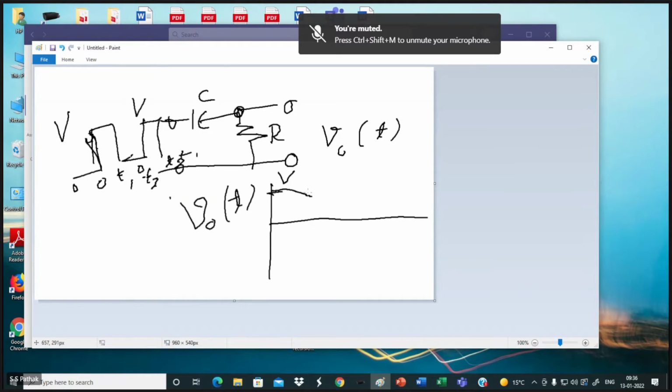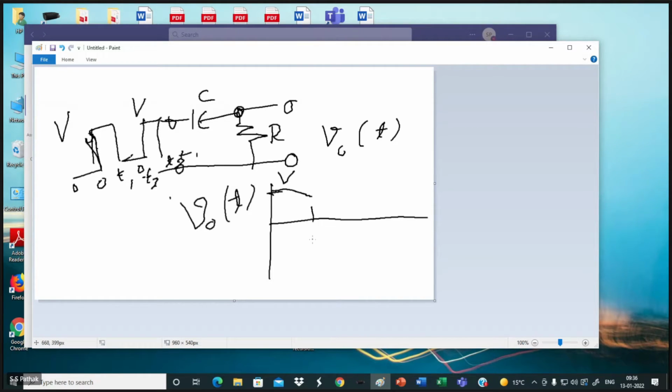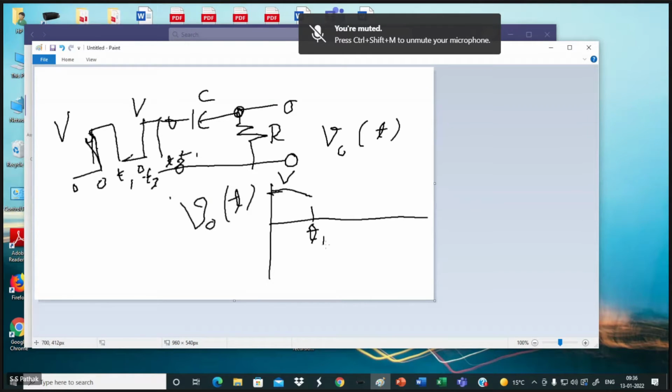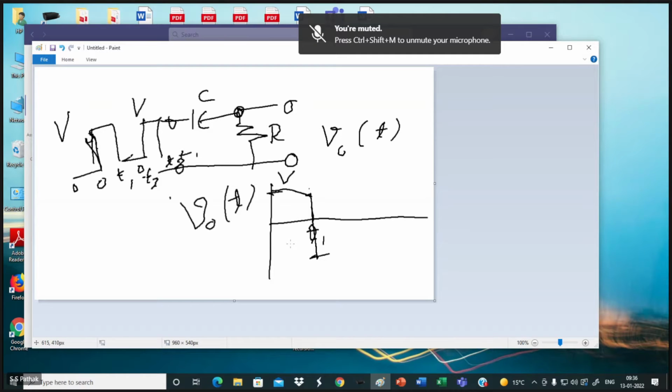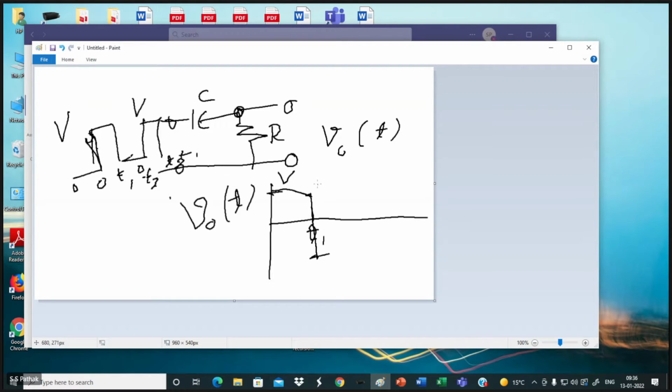Now T1 has come here. At this T1, the negative voltage minus V is applied. So what will happen? V has been reduced to some value, and there will be a minus V added to this value. Let us say I'm calling it V dash.